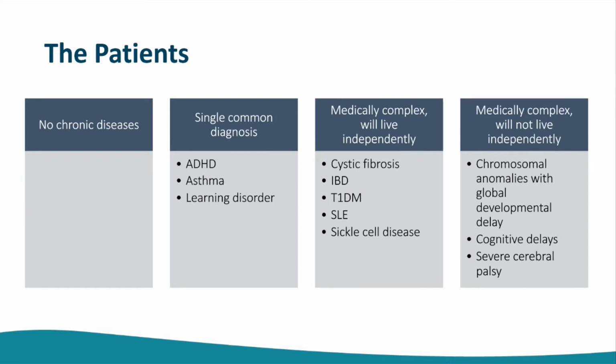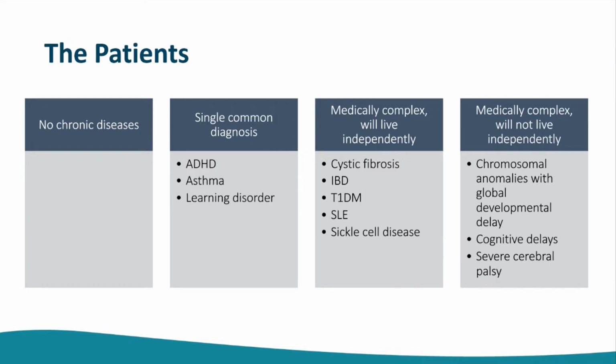In a patient that has type 1 diabetes, for example, they're going to have to learn how to do their own injections, count their own carbs, and call into the pharmacy to get their own medications. This is actually where the bulk of literature lives around transition: what are all of these skill sets for these patients that have either single diagnoses or a medically complex diagnosis that permeates all of their different systems.